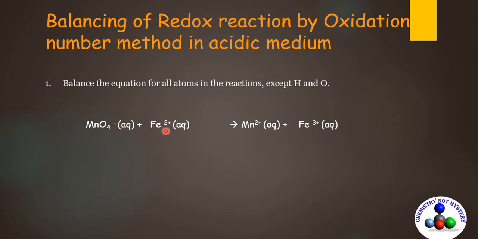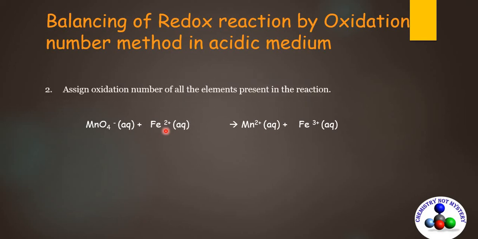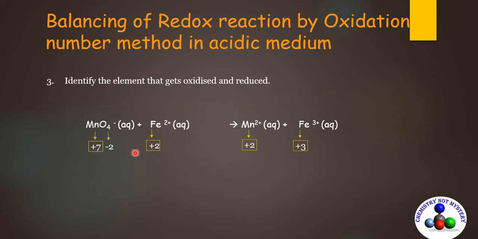Now assign oxidation number of all the elements present in the reaction. Can you identify the element that gets oxidized and reduced? Oxidation number of Fe changes from +2 to +3. That's an increase in oxidation number. So Fe gets oxidized, while Mn gets reduced, as its oxidation number decreases from +7 to +2.